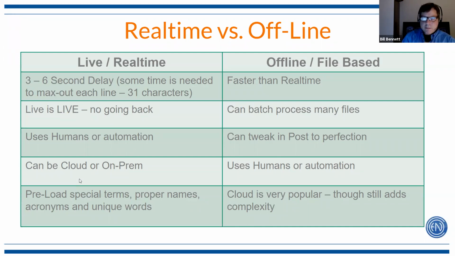Offline, the benefit is it's faster, for one thing. For example, at least with our technology, an hour-long event can be captioned in just under about 30 minutes. That's because it's easier for the software to play the audio file at double speed, in its own kind of parlance. And with offline, you can also do batches of files.